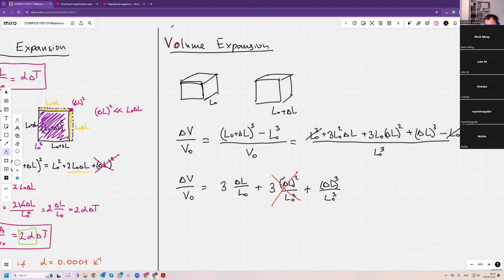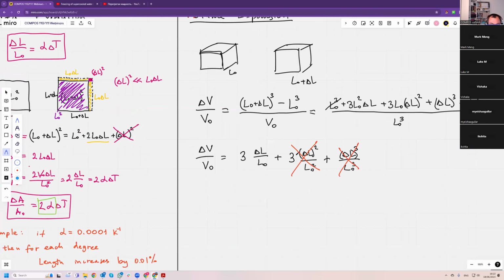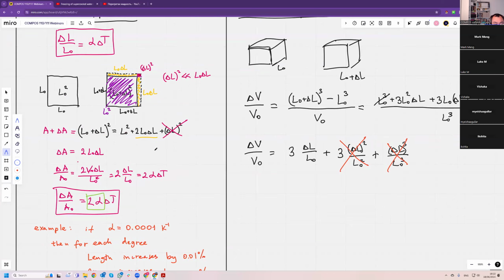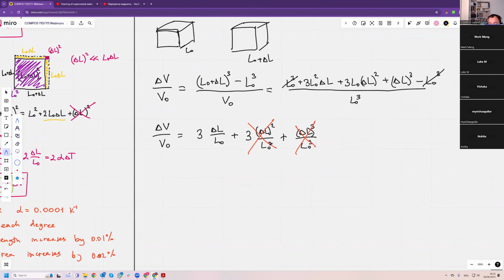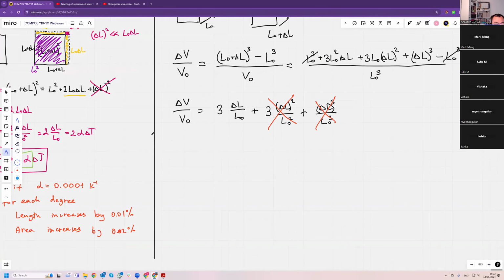So we neglect this term, and we neglect this term. Delta L cubed is even smaller. Therefore, we got this expression: delta V divided by V0, the percentage increase in volume, is 3 times alpha times delta T.